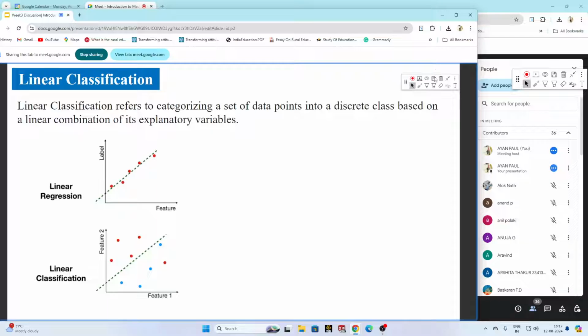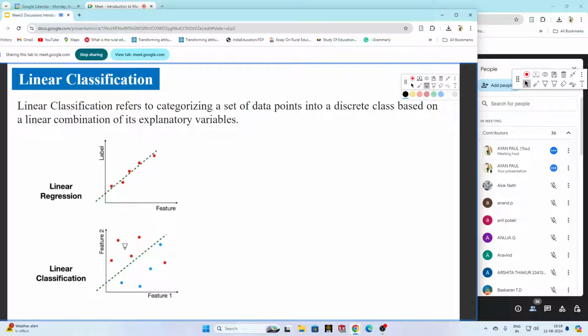We will see with the help of a curve. Last time we saw linear regression, which means we have data points and we fit a line to them. But today we will discuss linear classification. What is the difference? In linear classification, we are interested in categorizing our data points into more than one group. We can do that by putting a simple straight line in between our two data groups.